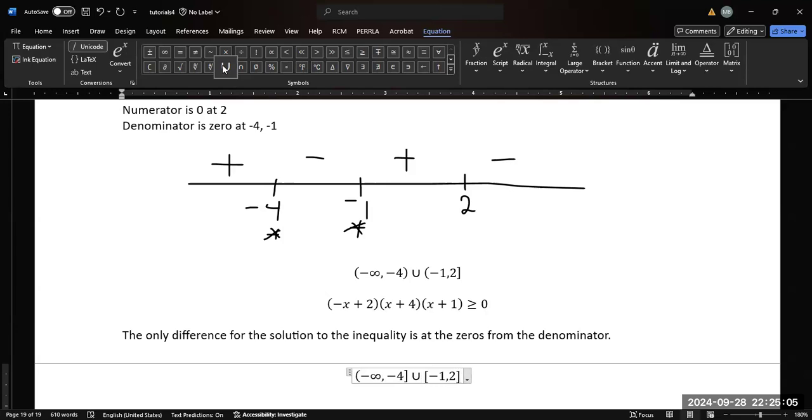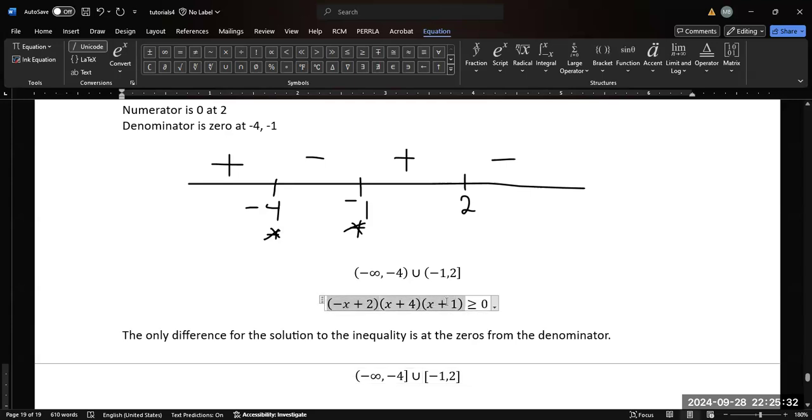So all the signs, because I'm multiplying, dividing, that doesn't change what the signs do to the expression. Odd numbers of negatives are negative, even numbers of negatives are positive, and you get exactly the same answer. The only difference is that you have to watch out for these brackets because the brackets are the things that are going to change.